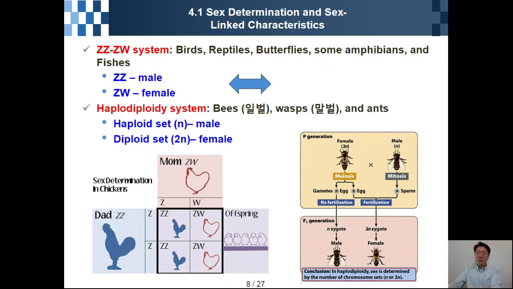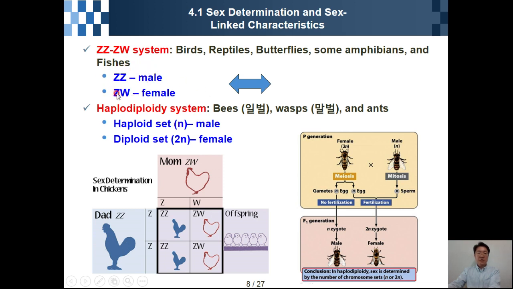So in this slide, we will learn about the ZW system and also haplodiploid systems. In the ZW system, which is shown in birds, reptiles, butterflies, and some amphibians and fishes, for example, ZZ is male and ZW is female.